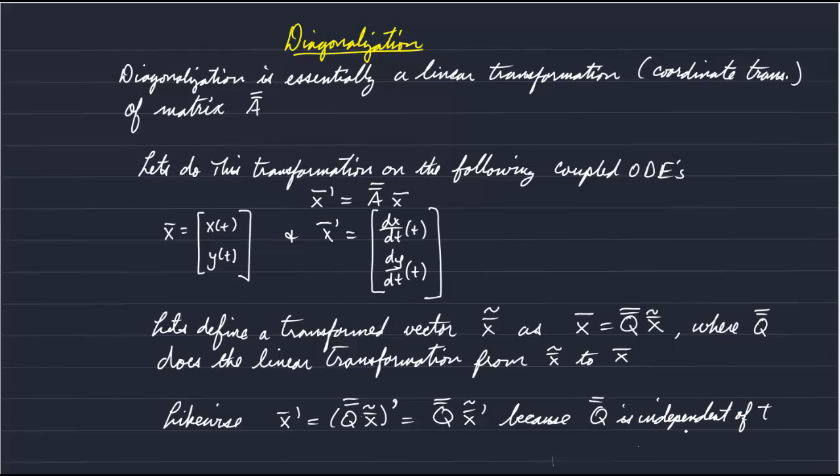None of the elements of q depend on t in this example. So the derivative of x is just equal to q times x tilde prime.